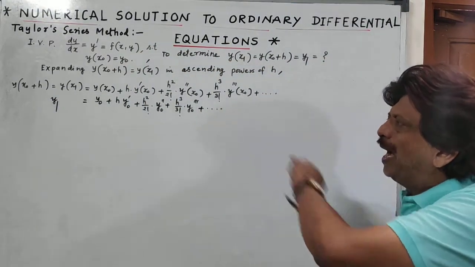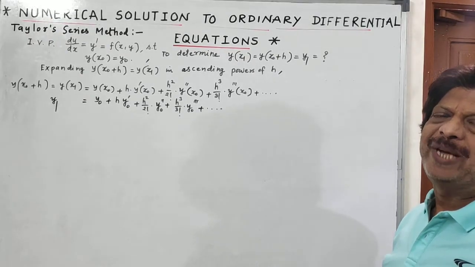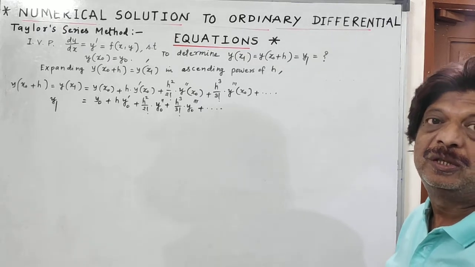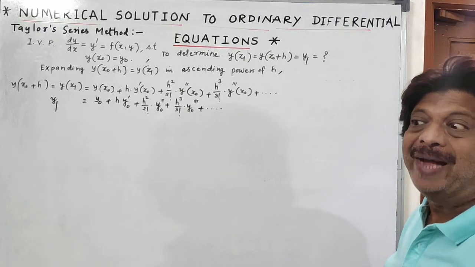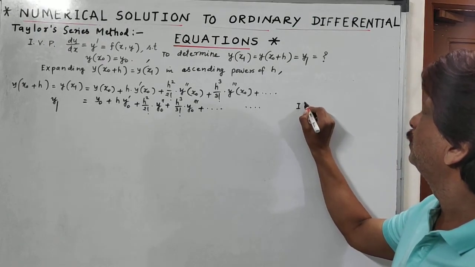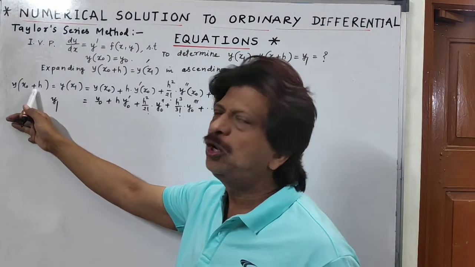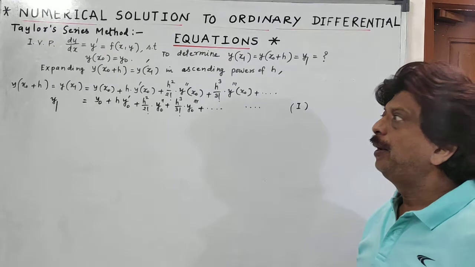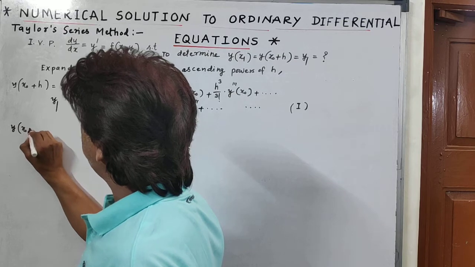So y1 is equal to y0 plus h y0 dash plus h square by 2 factorial y0 double dash plus h cube by 3 factorial y0 triple dash plus h raised to power 4 by 4 factorial y0 fourth, and so on. This is equation 1, to find the value of y at x0 plus h. Similarly, y2, that is at x0 plus 2h.